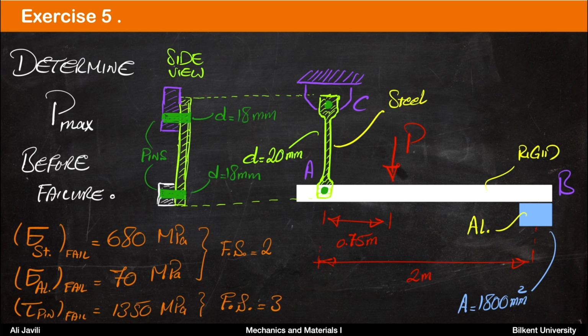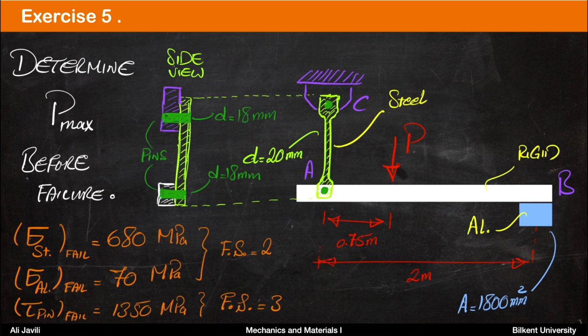Exercise 5, the last exercise of today's lecture, shows a rigid bar supported as shown in the figure, and on top of the rigid bar you apply a force P. You are asked to determine the maximum P before failure. For this problem, the failure stresses for different parts are given.